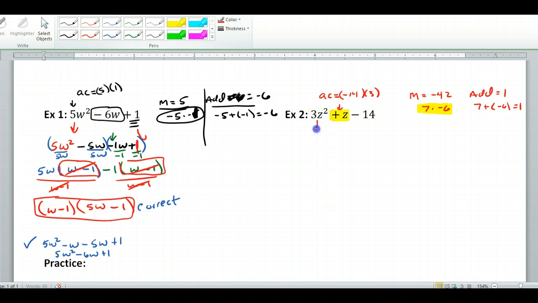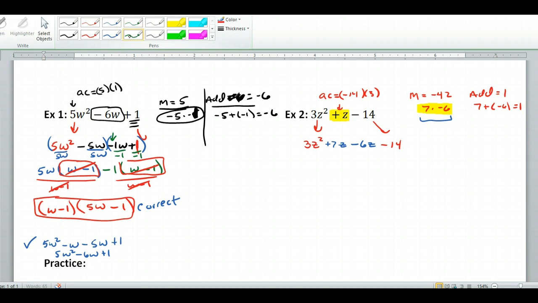As we did before, we bring down the first term, 3z squared. Now we rewrite that middle number: plus 7z minus 6z, and then bring down the minus 14.